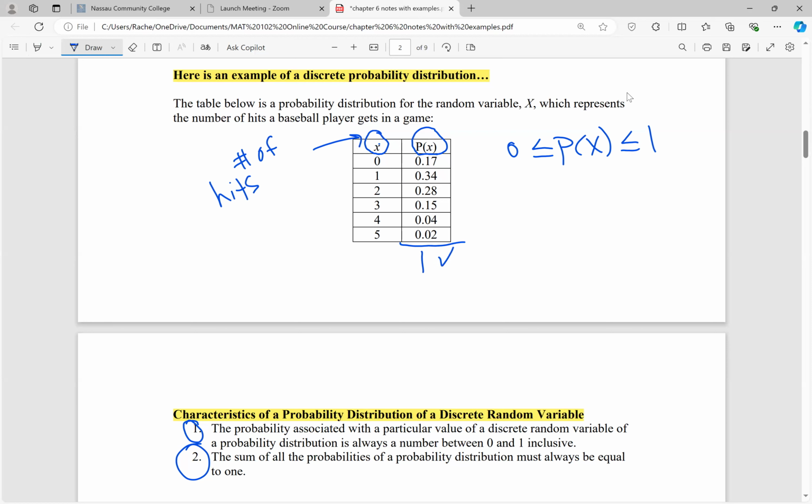So here's the first criteria that needs to be satisfied. The second is that the sum of all the probabilities in this discrete distribution has to add up to 1. So those 2 must be satisfied in order to have a probability distribution.